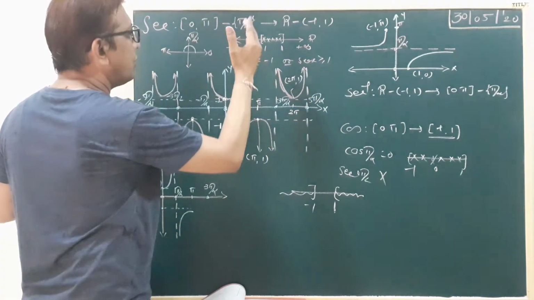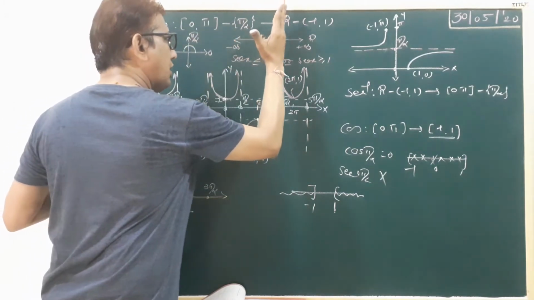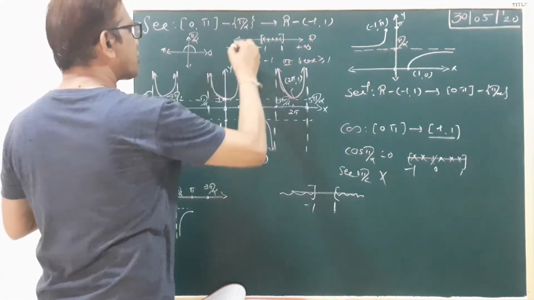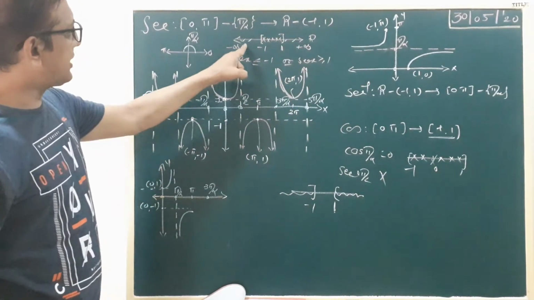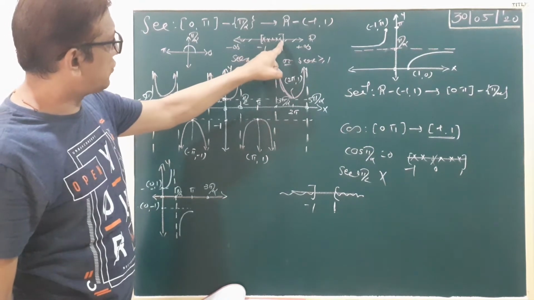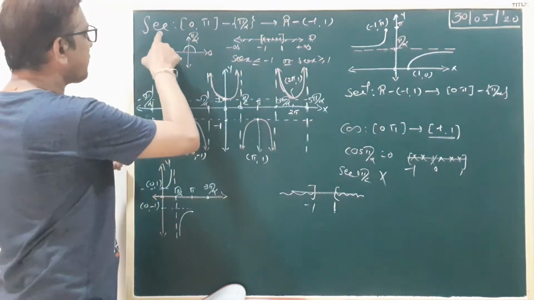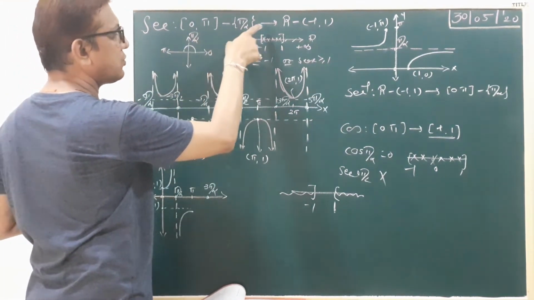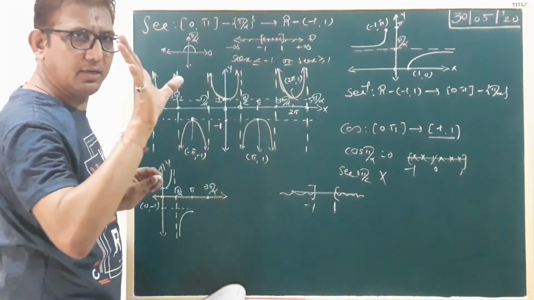Right? So we include -1 and 1. In between -1 and 1 this portion is cancelled. Clear? So the sec function's domain is closed interval 0 to pi minus pi by 2, tending to R minus open interval -1 to 1.